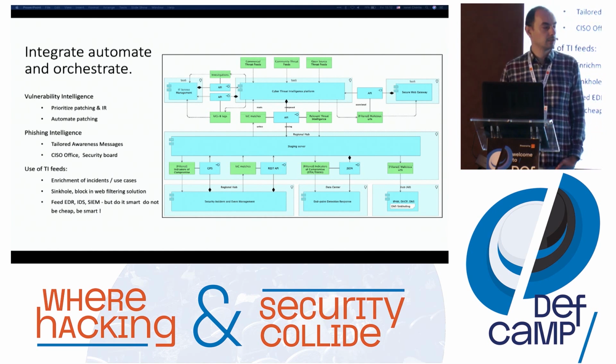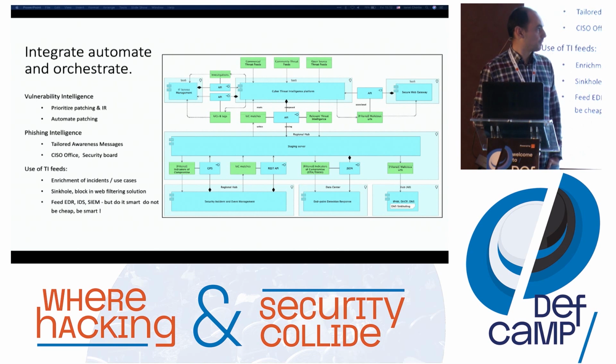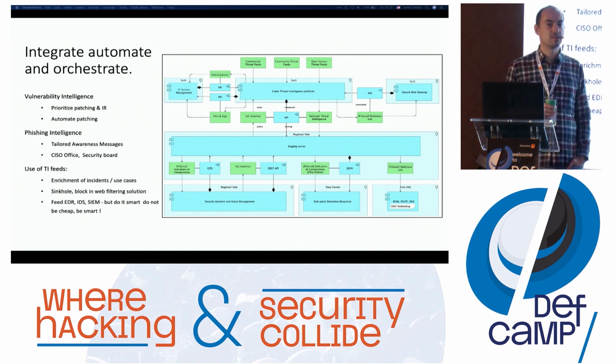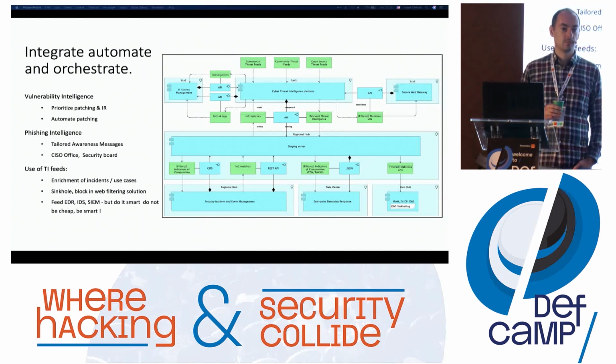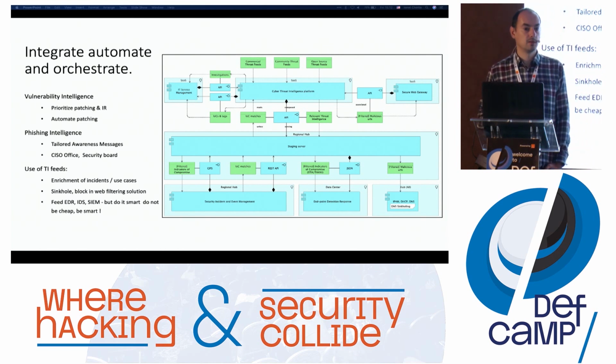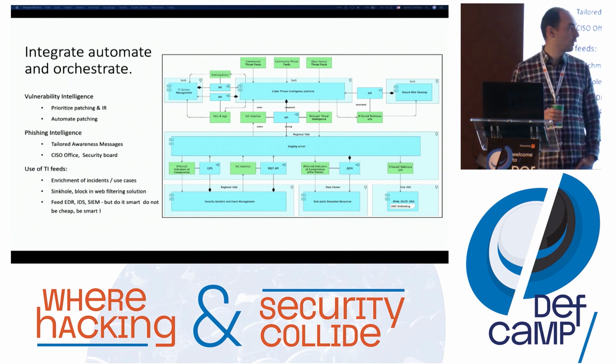Say you keep seeing phishing coming from websites or domains that are similar to your brand, like DefCamp with two Fs or Punycode or whatever. Take that information and send it to Office 365 or whatever mail gateway you have.